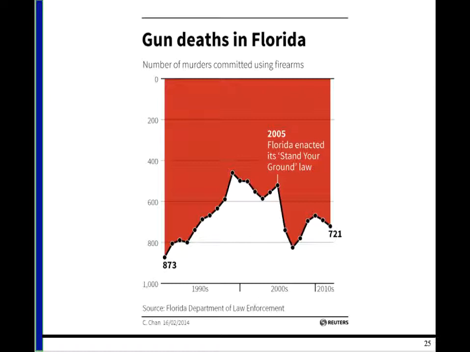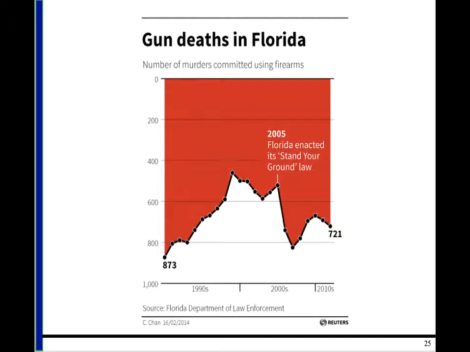You see, in Florida in 2005, they enacted the Stand Your Ground law. And what that law allowed for was that if somebody were to break into your home, you were allowed to defend yourself and even shoot and kill somebody if they were on your property and not be held liable and not be able to be prosecuted for that.